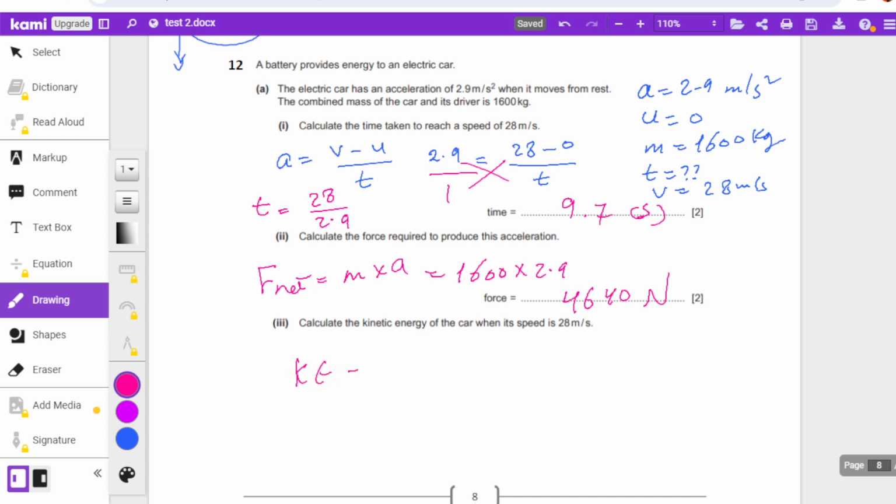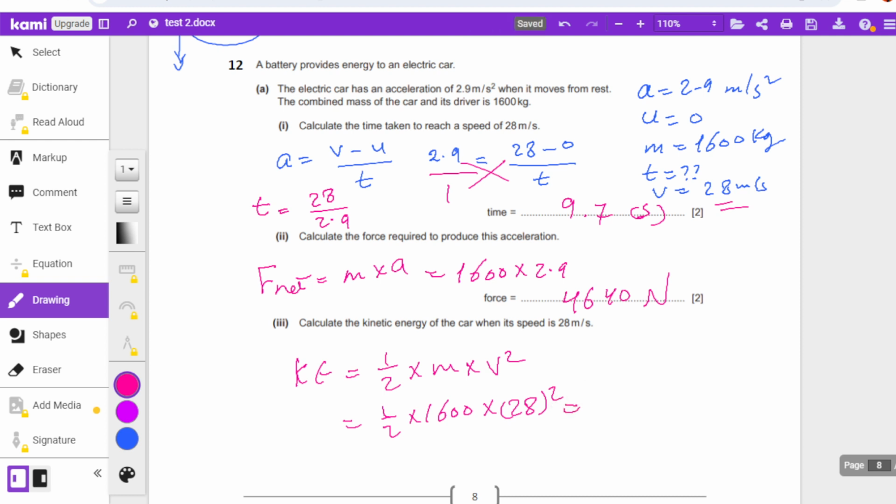Calculate the kinetic energy of the car when its speed is 28. Kinetic energy is half multiply mass multiply speed squared. So it will be half multiply 1600 multiply speed 28 squared. Don't forget squared, okay?